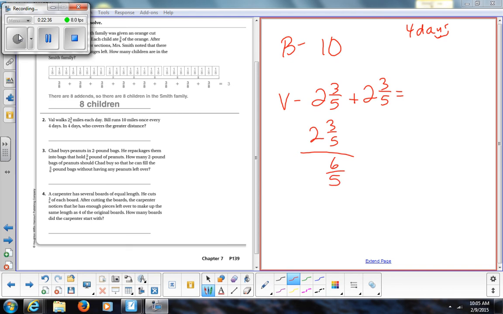Can I leave it as 6/5? No. So what do I do? You gotta add a whole. So you subtract 5/5 and you put it up there. Which leaves me with what fraction? 1/5. 2 plus 2 is 4, plus 1, so my answer is 5 1/5.